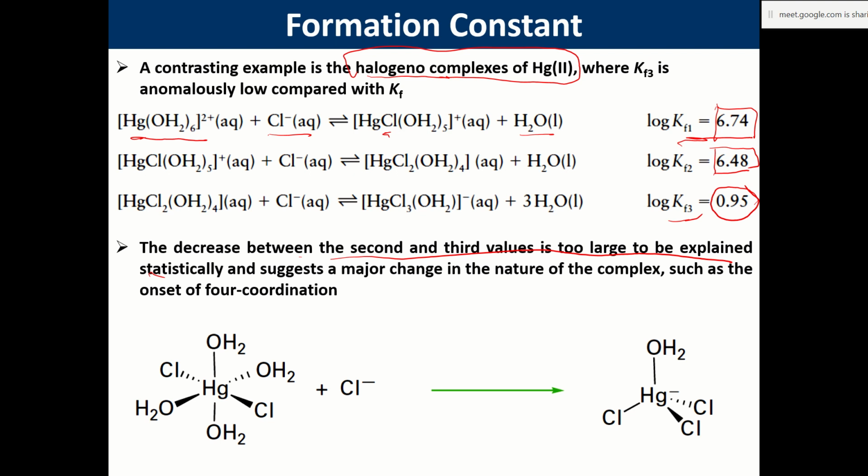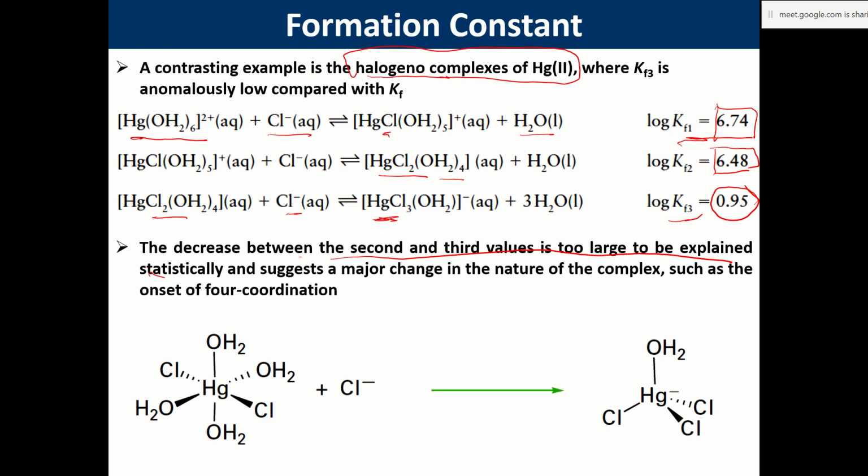This indicates that between the second and third steps, with HgCl2 and four H2O, when the third Cl minus binds in, the geometry of the molecule changes.